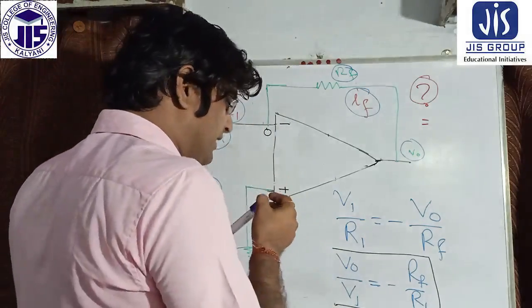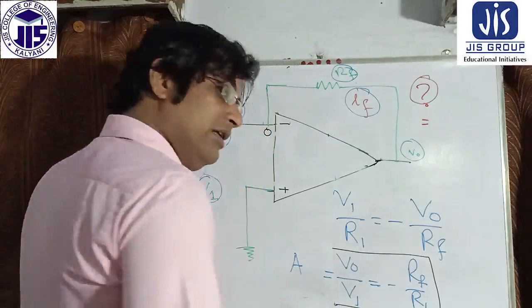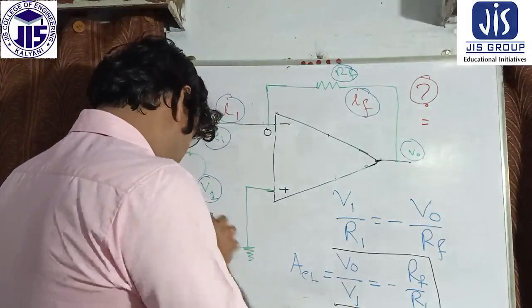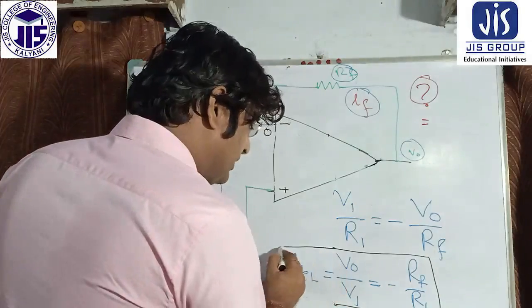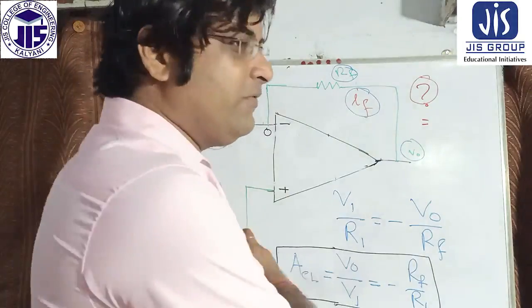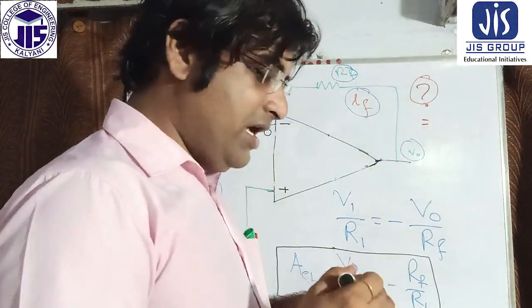We write it as ACL, because it is the closed loop gain. ACL equals V0 by V1, which equals minus RF by R1.